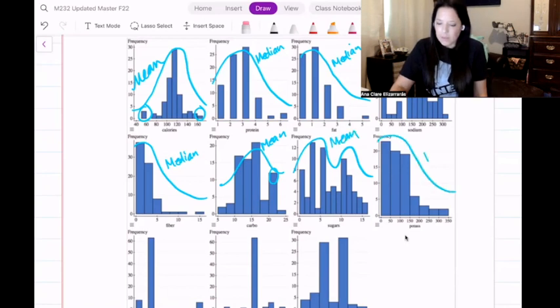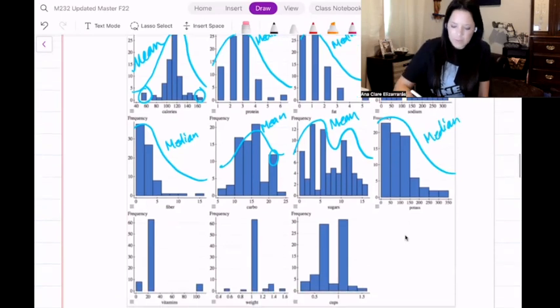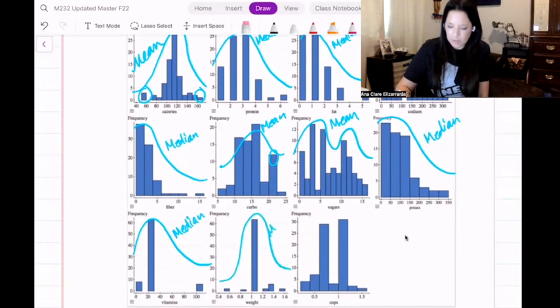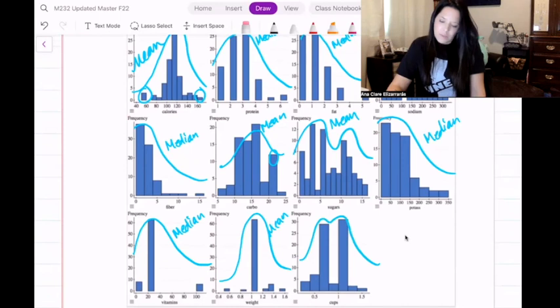Potassium, clearly the median because it's skewed to the right. Vitamins, clearly skewed to the right, median. Weight, I would say, is symmetric. We would use the mean. And with cups, I would say that that's symmetric and you could use the mean.